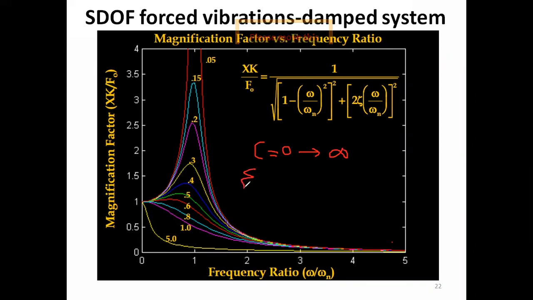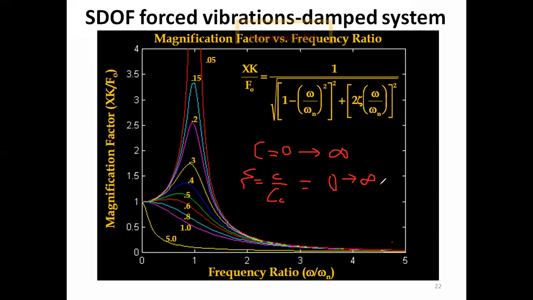So zeta, which is C by Cc, its range is also from 0 to infinity. What do we mean by 0? 0 means no damping. Infinity means too much damping. So theoretically, the damping in the system could be from 0 to infinity. As you range C from 0 to infinity, zeta could be from 0 to infinity.